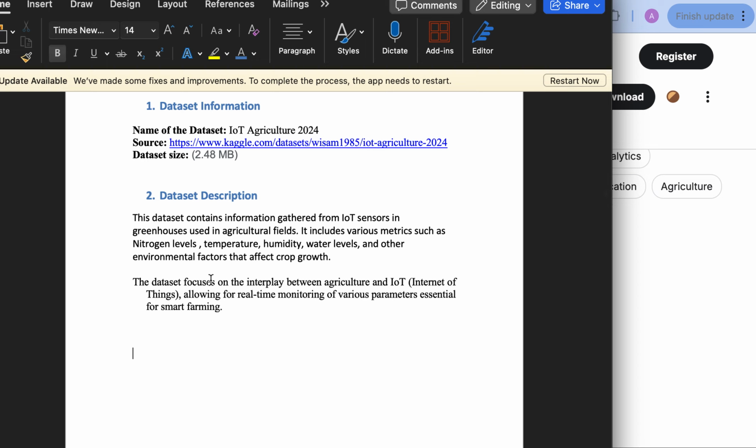This dataset contains information gathered from Internet of Things sensors, such as we said, in greenhouses used in agriculture fields.